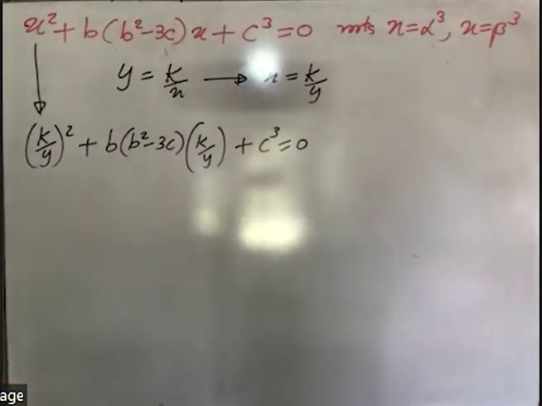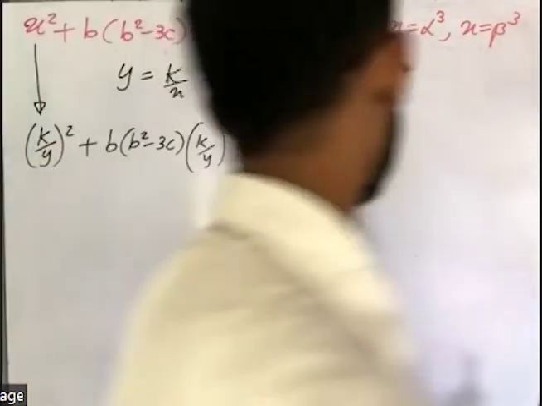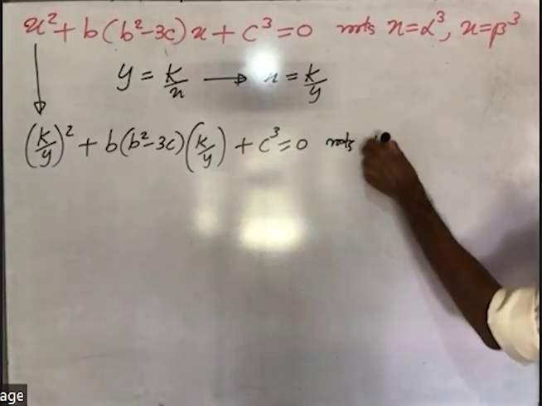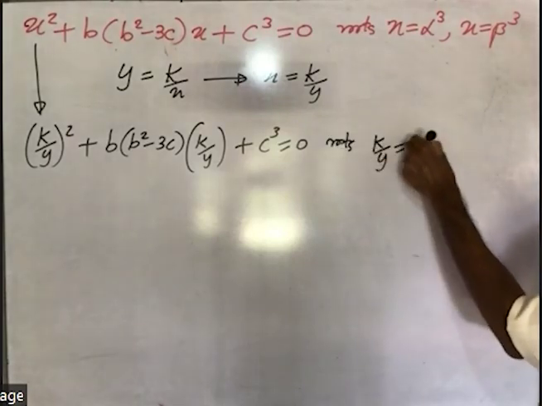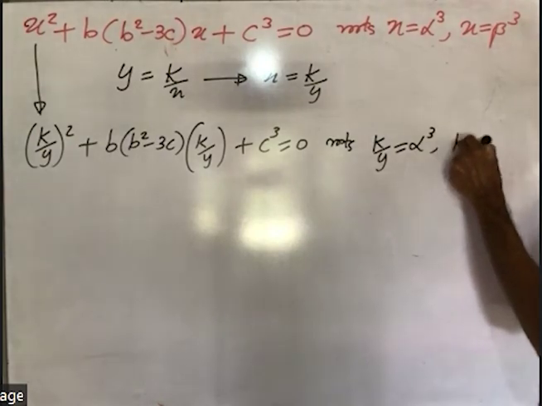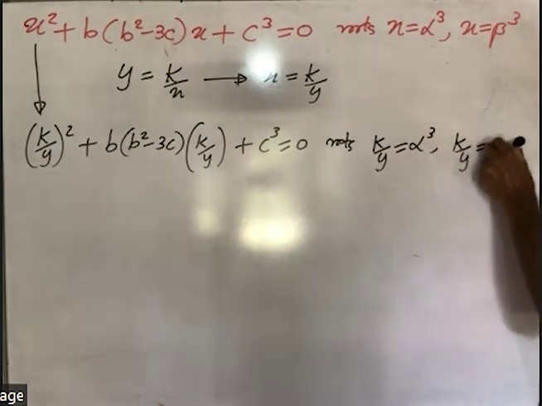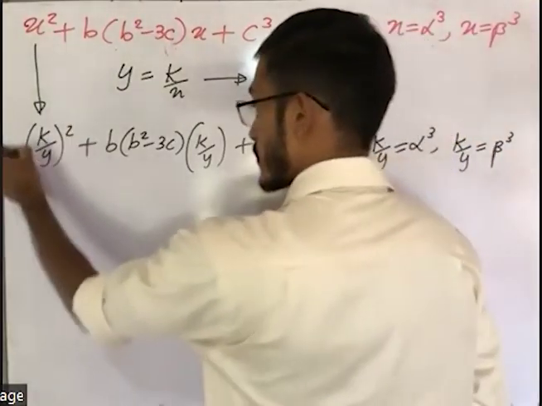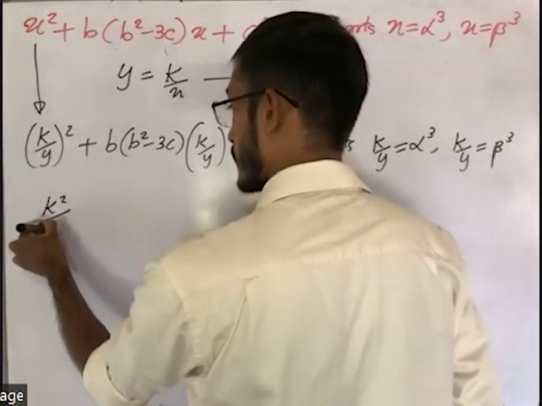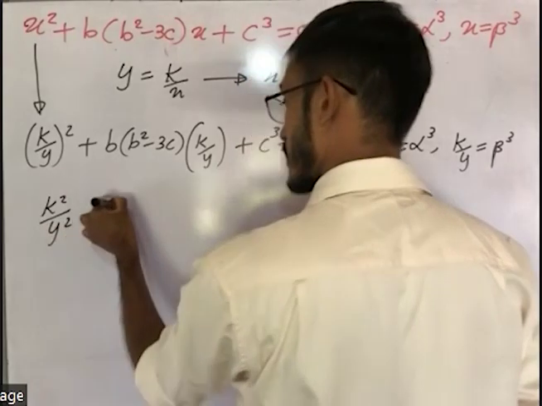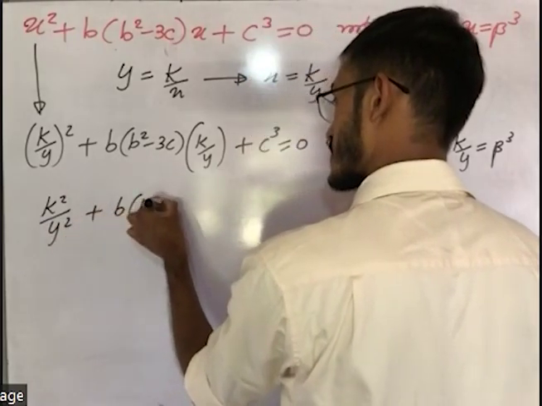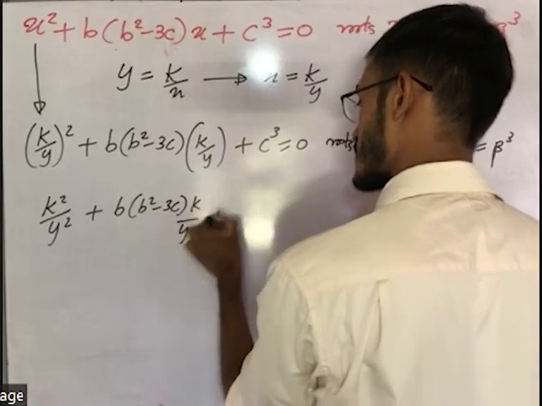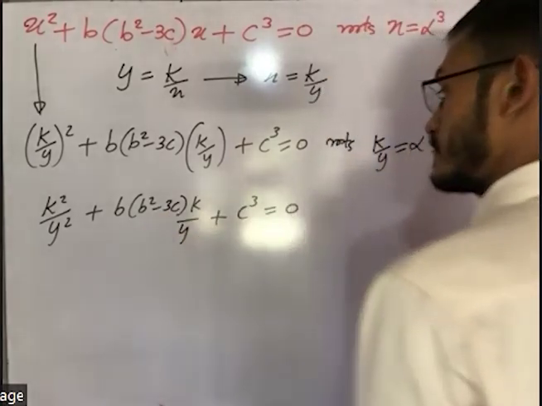So here also we can change the roots. Instead of x, we write k over y equal to alpha to the power 3, k over y equal to beta to the power 3. Now let's simplify this. So here we have k square over y square plus b square minus 3c k over y plus c to the power 3 equal to 0.